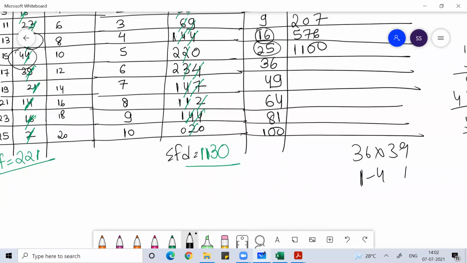This is like minus 4, this is minus 1, this is 4, this is 36 minus 1, 35, 35 fours are 140, 1404. Check this value, guys, is this correct? 36 into 39, 1404.